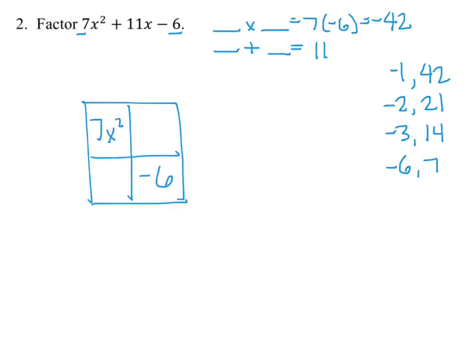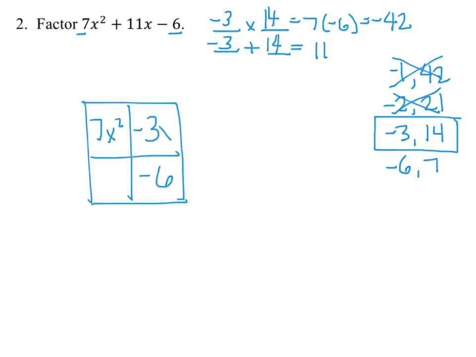Negative 1 plus 42 is not equal to 11. Negative 2 plus 21 is not equal to 11. But negative 3 plus 14 is equal to 11. So those are the numbers that I'm going to put here. I'm going to put a negative 3x and a 14x.